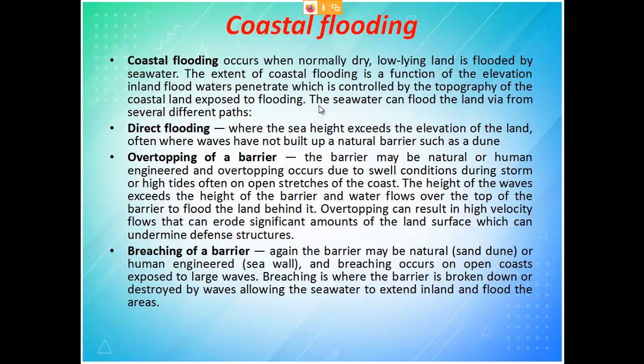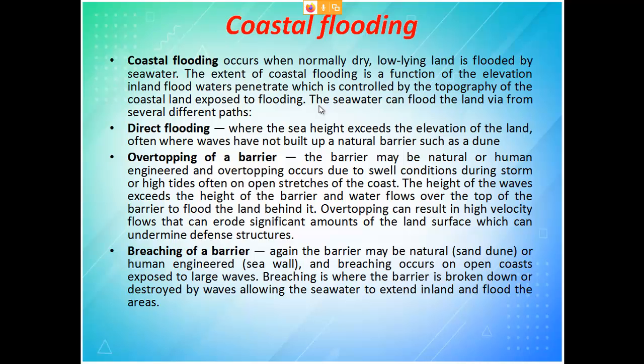In direct flooding, you are not putting any barrier. Whereas in over-topping you have put some barrier, and that barrier has been crossed by the sea water. Over-topping can result in high velocity flow that can erode a significant amount of land surface, which can undermine defense structures.